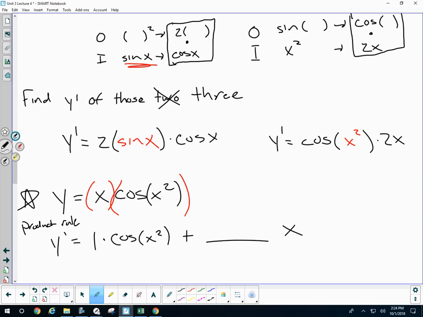Derivative of the first times the second plus the derivative of the second times the first. I left some blank space for the derivative of the second piece.